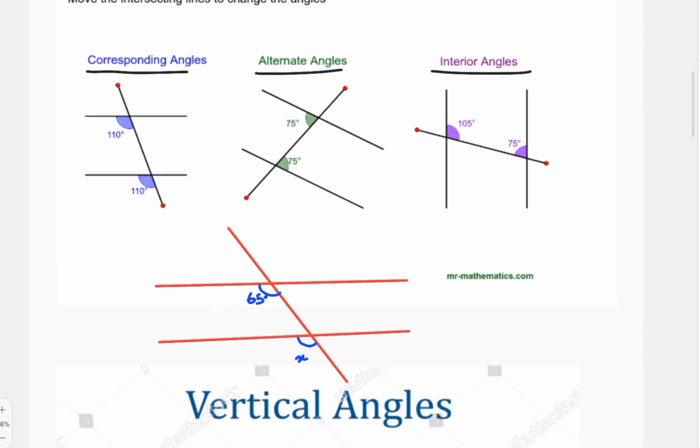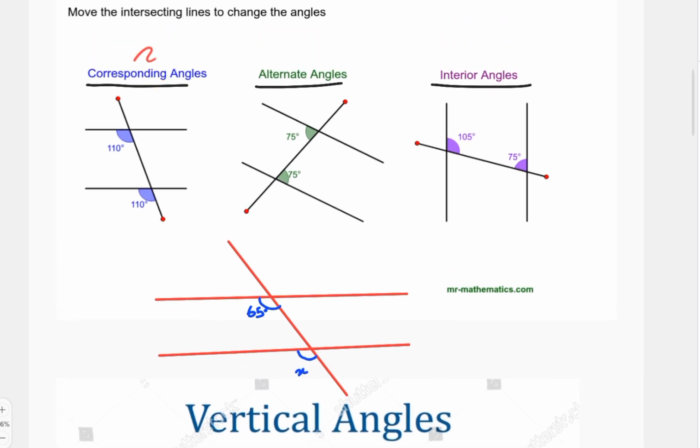The corresponding angles make the F shape. The alternate angles make the Z shape. And interior angles make the C shape.